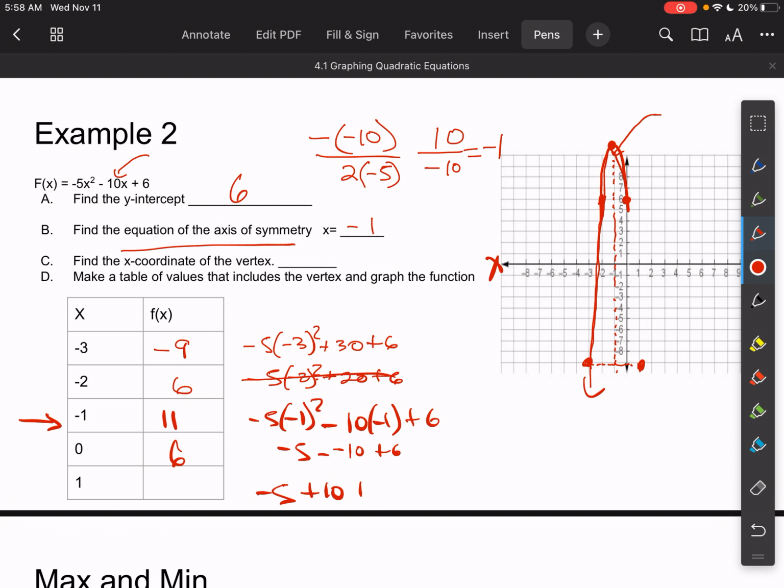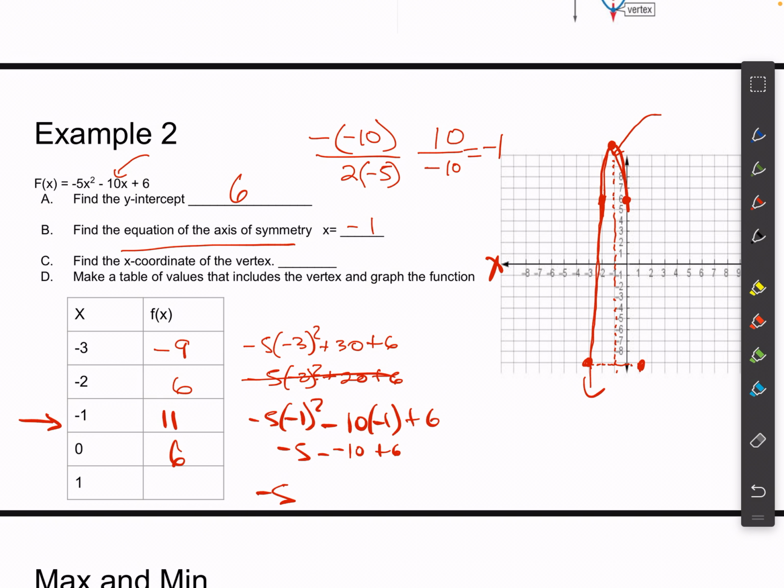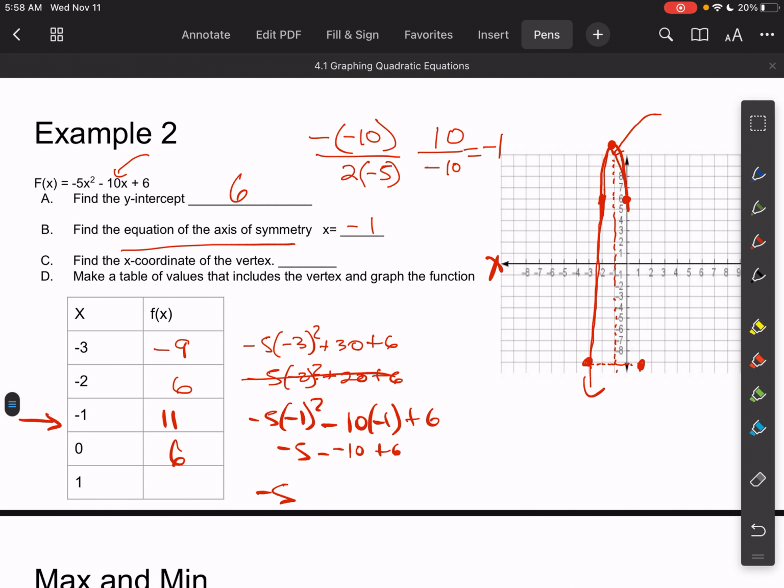Oh, sorry, it's not plus anymore, is it? Sorry, negative 5 minus, let me go back here. Negative 10 times 1, I apologize, is negative 10. So negative 5 minus 10 is negative 15 plus 6. There we go. That's my negative 9. So at 1, I am also at negative 9.